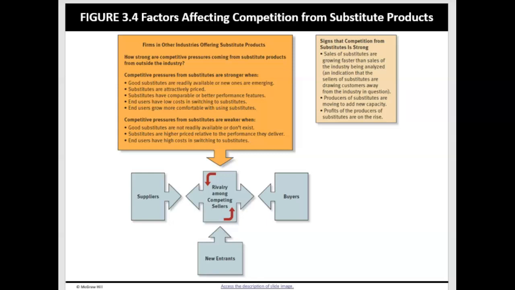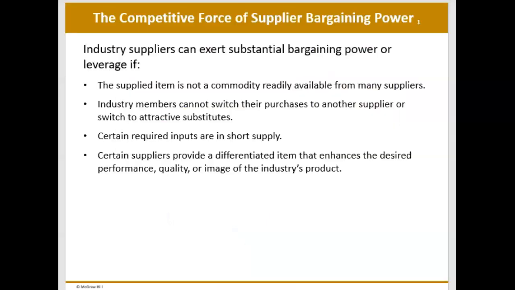So competitive pressures are stronger from a substitute when there are good substitutes that are readily available and attractively priced, when buyers view the substitute as comparable or better in terms of quality, performance, or whatever other relevant attribute they're looking for, and also when the costs that the buyer incurs in switching are low. They're like, sure, why not? Doesn't cost me anything. I'll make that switch. I'll give it a try.